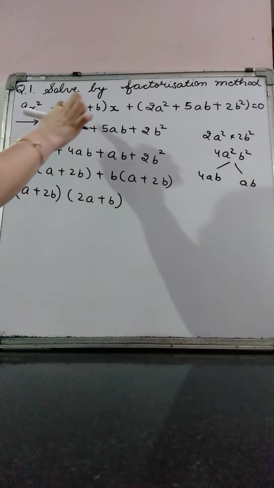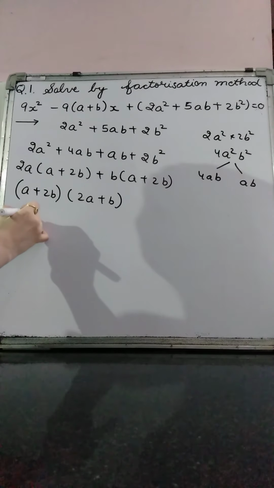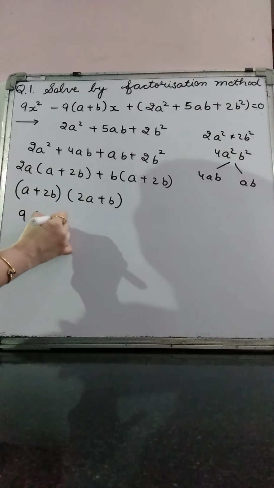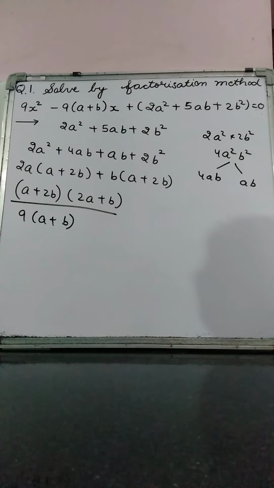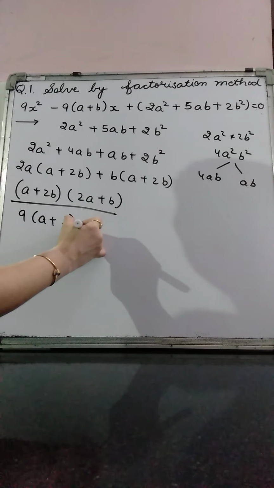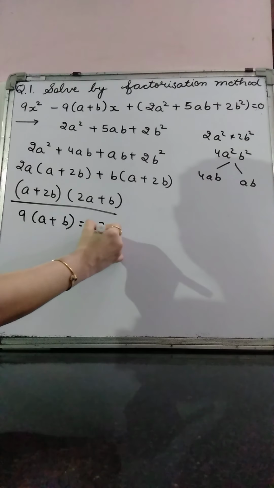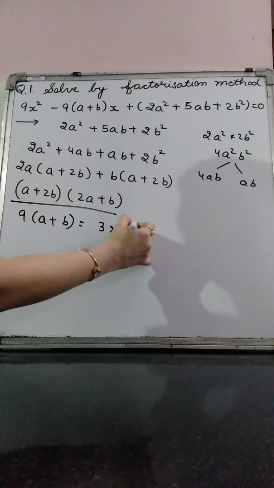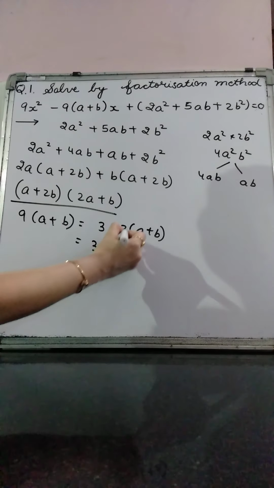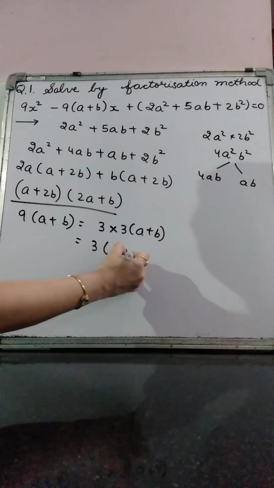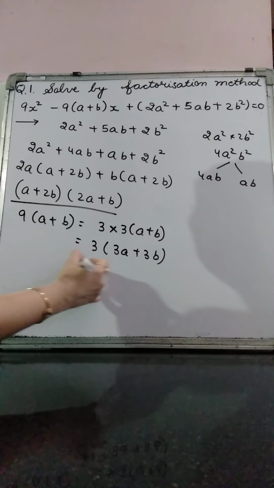Now the second trick is take this middle term, coefficient of x, that is 9a plus b. Convert it into these terms, that is, write 9 as 3 into 3. Then multiply 3 by a and 3 by b.